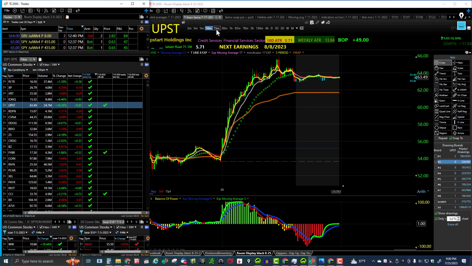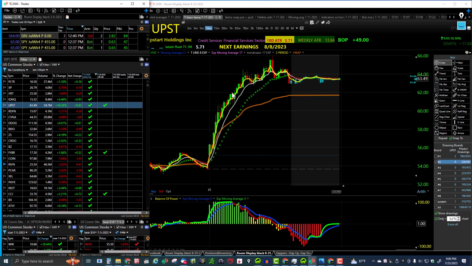So I like to manage on the 15 until that 15 crosses, on the 15-minute chart, the 3 EMA crosses over the 8. I like to stay in. And it's hard. It's hard when you're up so many dollars not to take profit.